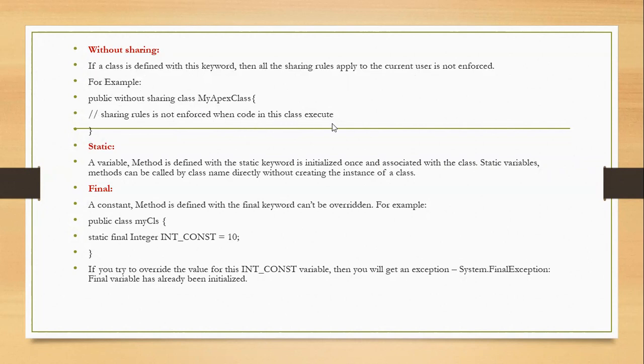Static: a variable or method defined with the static keyword is initialized once and associated with the class. Static variables and methods can be called by class name directly, without creating an instance of the class. Final: a constant or method defined with the final keyword cannot be overridden.